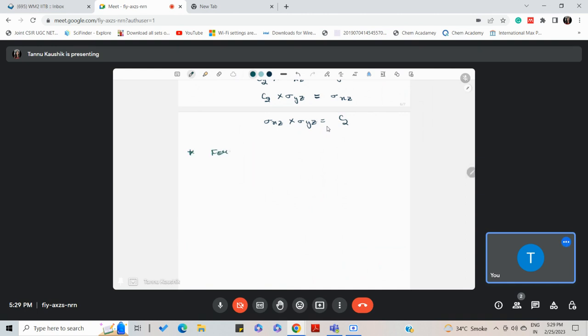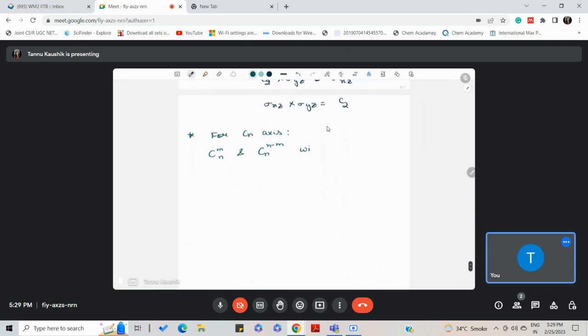So for a Cn axis, these two axes of rotation will be reciprocal to each other, that is, inverse of each other.